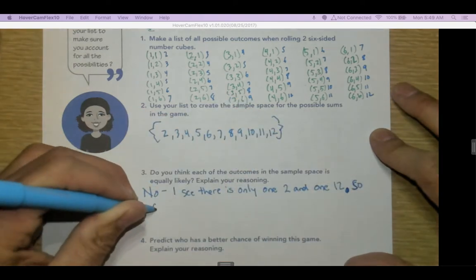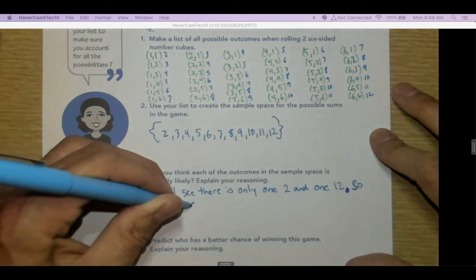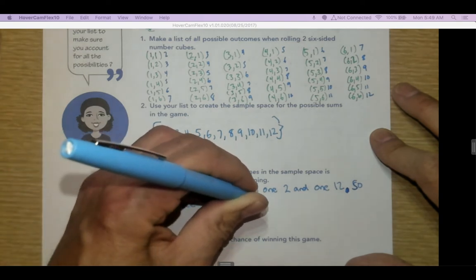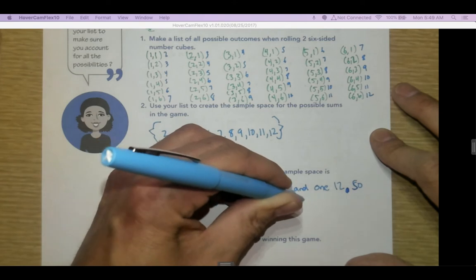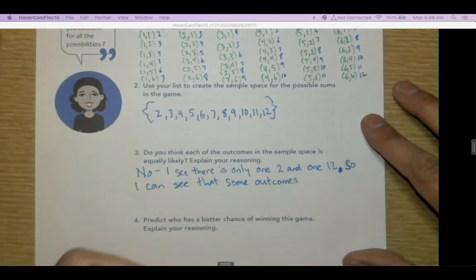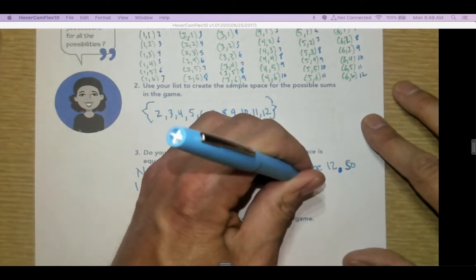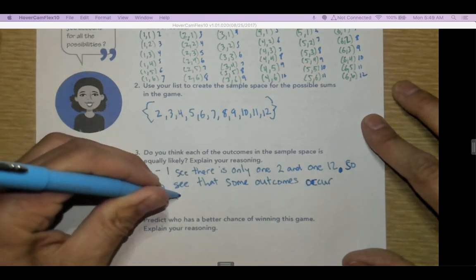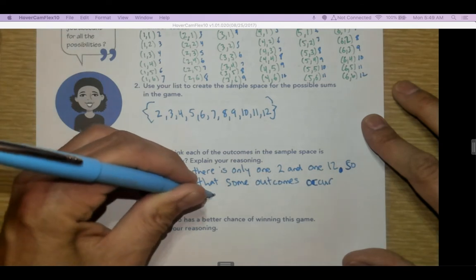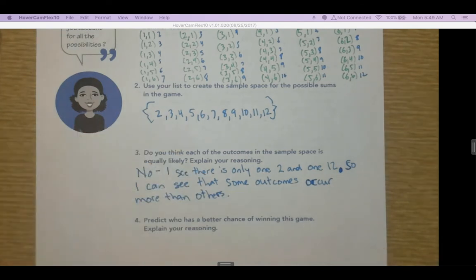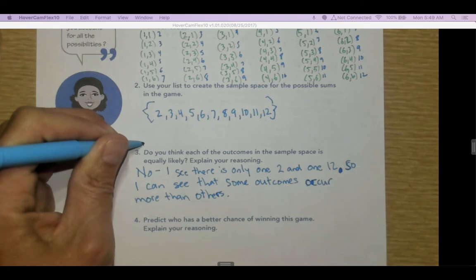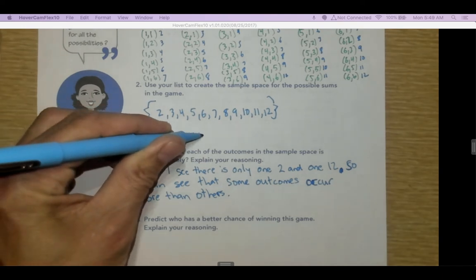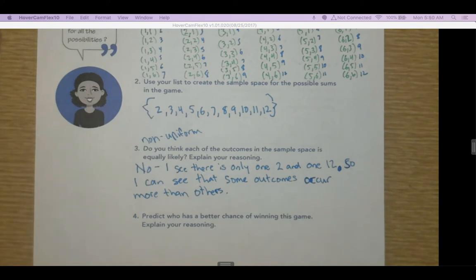So I can see that some outcomes occur more than others. So that would be a non-uniform probability model, right?